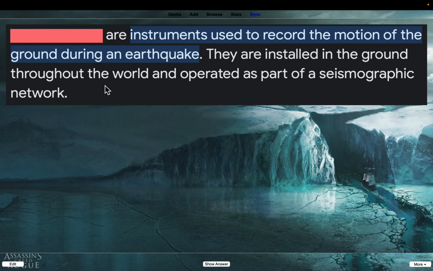Blank are instruments used to record the motion of the ground during an earthquake. I think this machine has a pen. Okay, I actually don't know what it is. Let's see the answer. Seismograph.